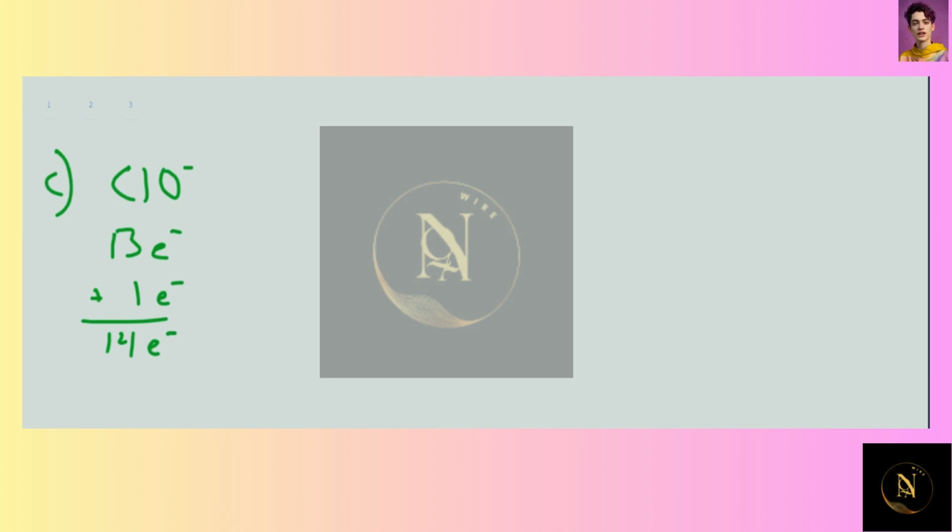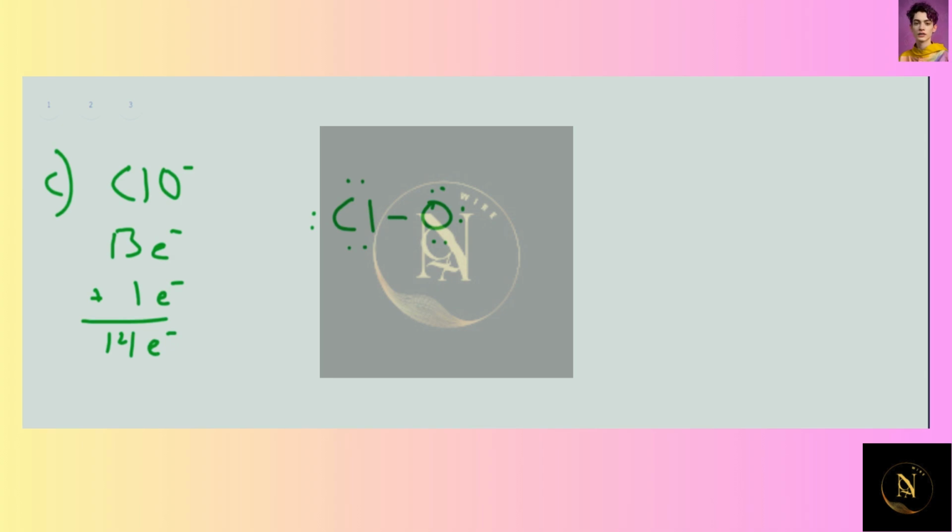So here, we're going to have chlorine bound to oxygen, and we can assign the outer electrons like so, and we have all 14 electrons assigned.